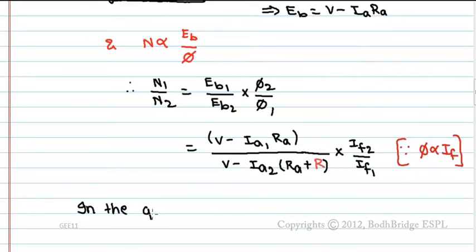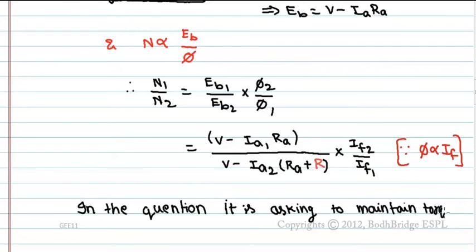In the question, it is asking to maintain torque and speed constant. Torque tau is directly proportional to armature current Ia and field excitation If. But torque is constant.